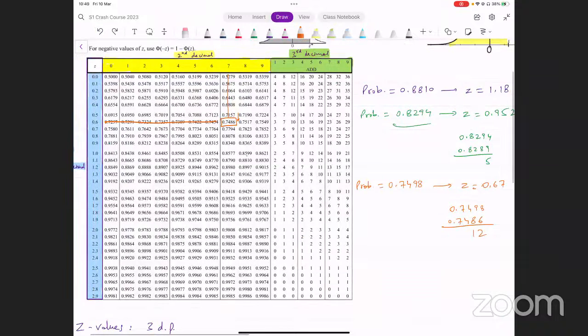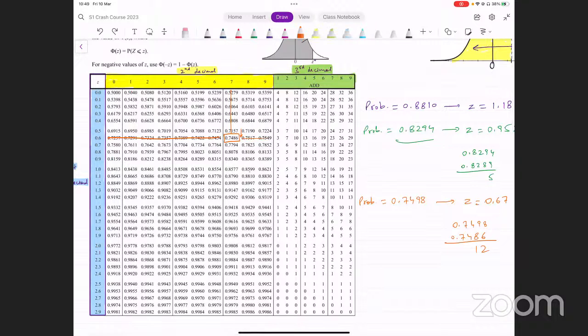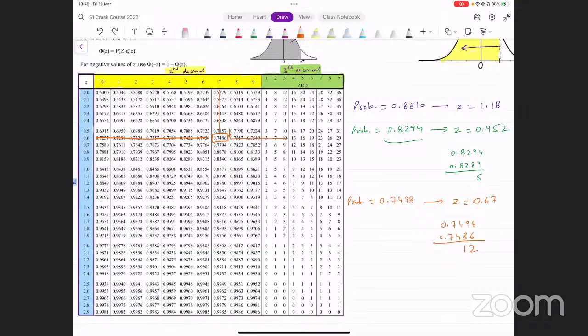So now we go to the right side here and see where 12 is. We want 12 more, right? Now, do we have 12 anywhere here? We don't. However, 12 is going to be between 10 and 13 here. So 12 is going to be somewhere here.